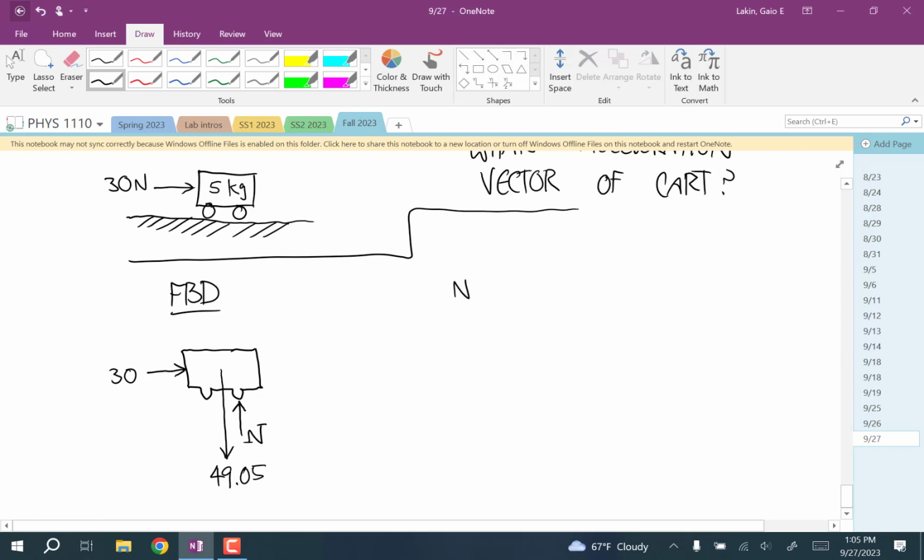So now we can go to Newton's second law. And what are the components of this vector 30 pointing to the right? And assuming we're using just the usual coordinate system like this.